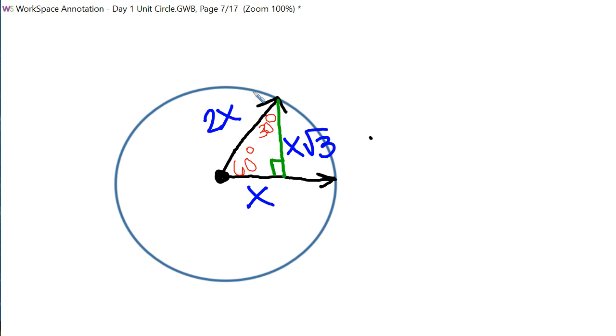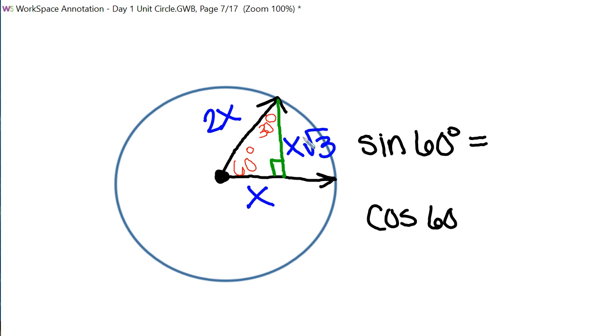I want you to find the sine of 60 degrees. I want you to find the cosine of 60 degrees. And I want you to find the tangent of 60 degrees. So find those three off of that new triangle. Sine, cosine, and tangent.